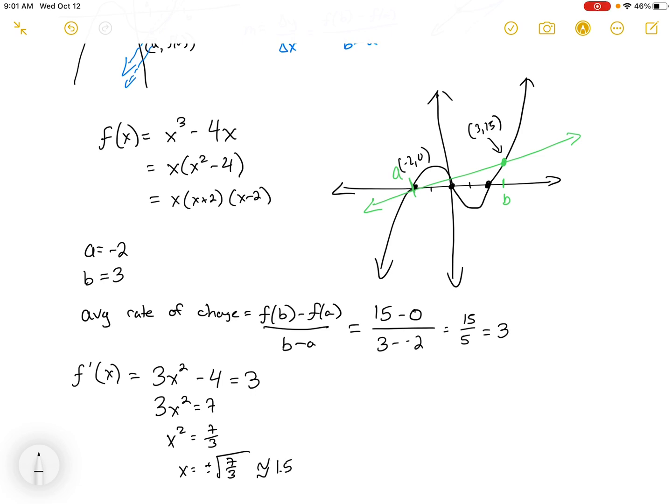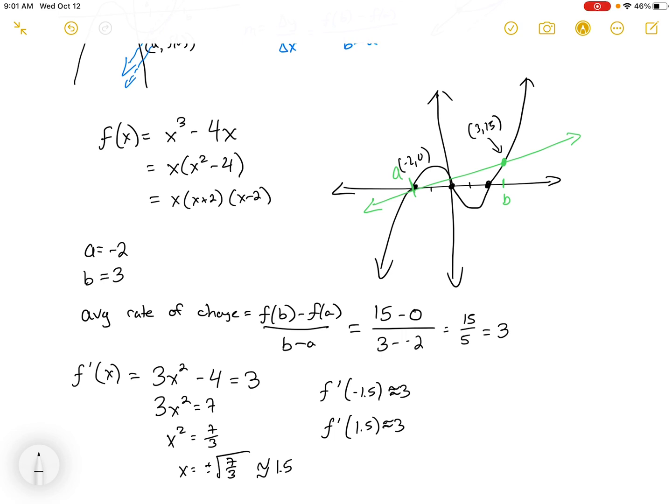I think it's a little bit more, but we're trying to do it in our heads, and that's messy. So about 1.5. And let's think about what that means. That's saying that f prime of about negative 1.5 is equal to 3, and f prime of about 1.5 equals 3. I should really use wavy things here because we're estimating. Really, if we put in negative root 7 over 3, we would get the right answer.